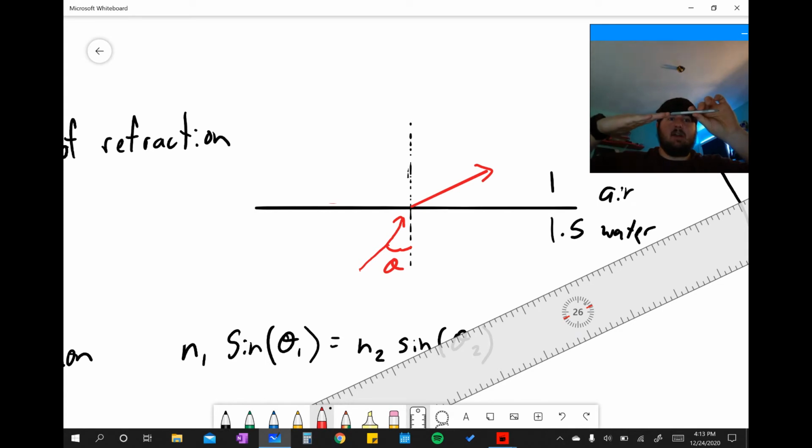If it doesn't bend at all, then there's no problem, because a ray that's coming in at almost 90 degrees can exit at almost 90 degrees, but that's not true because it has to bend a little bit.